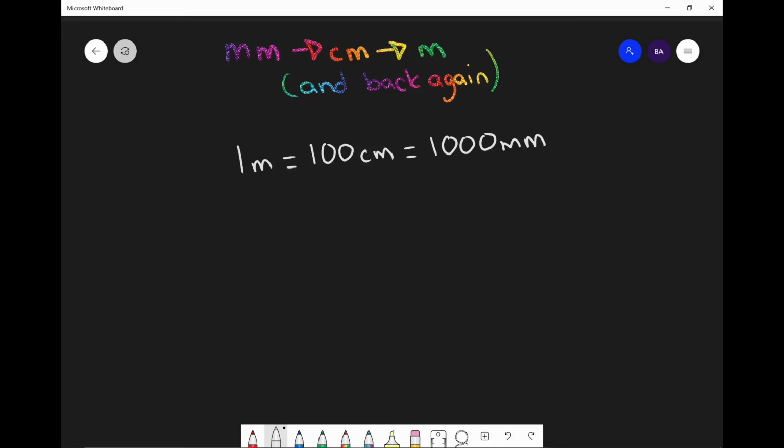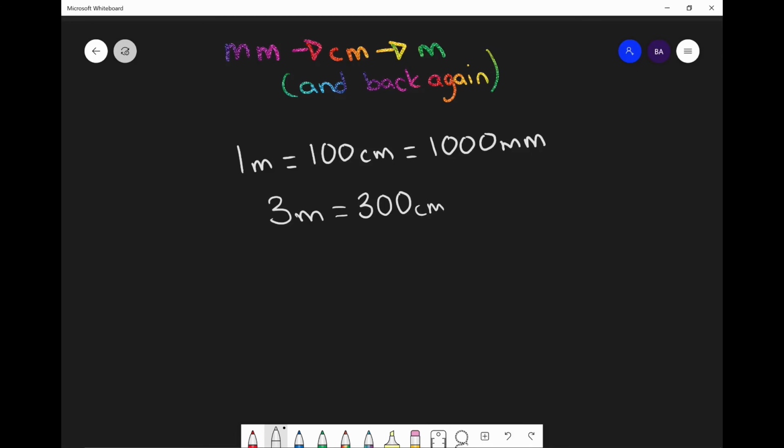So if I wanted to figure out how many centimeters are in 3 meters, then all I have to do is multiply that by 100. So 3 times 100 would be 300. Or, in other words, I would be adding 2 zeros on.